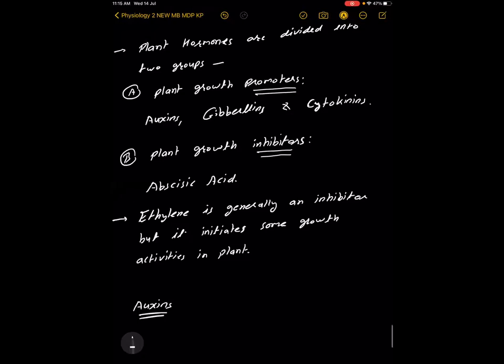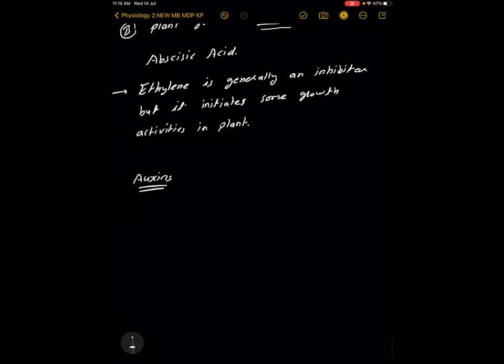They kept the coleoptile in a dark box and made one hole at one point, and gave light from there. So light comes from this hole in the box.